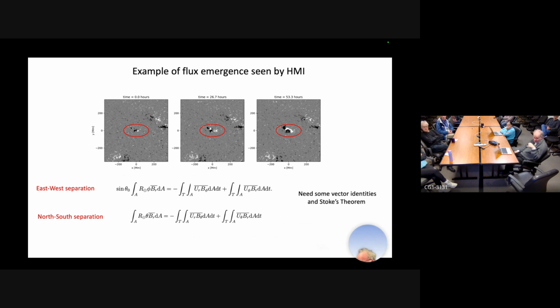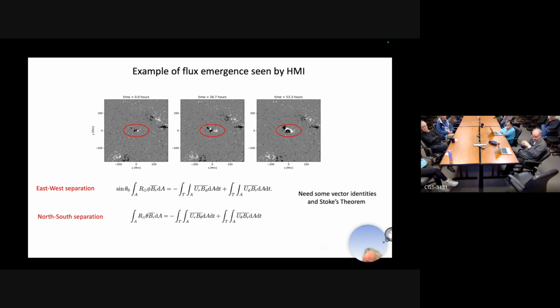And with some vector identities and Stokes' theorem, I can write the east-west separation in terms of a radial velocity carrying east-west field through the surface and a contribution of the surface east-west flows carrying radial field at the surface.